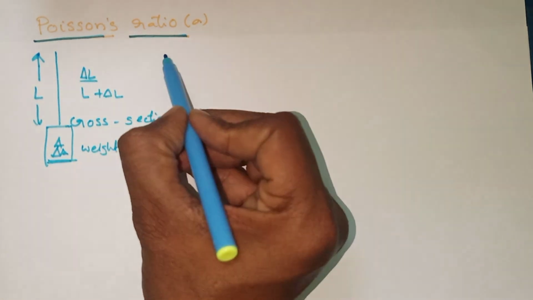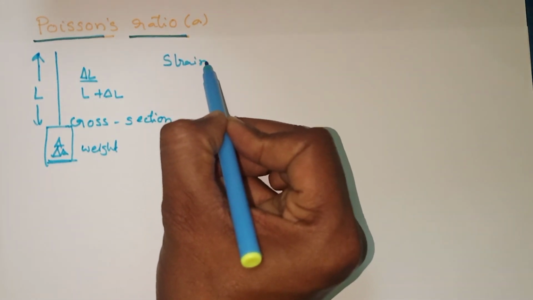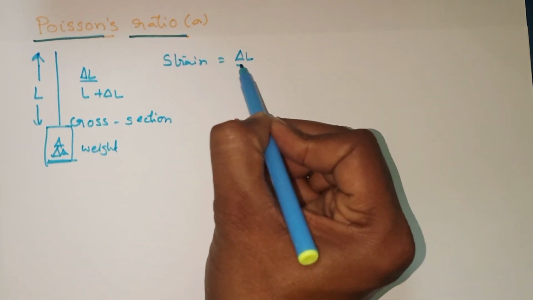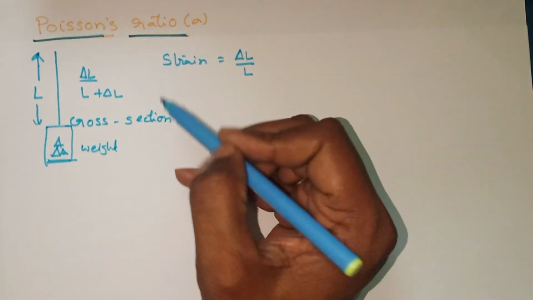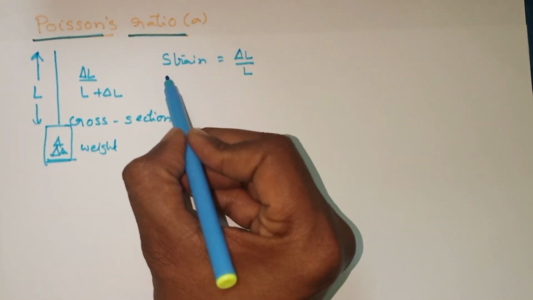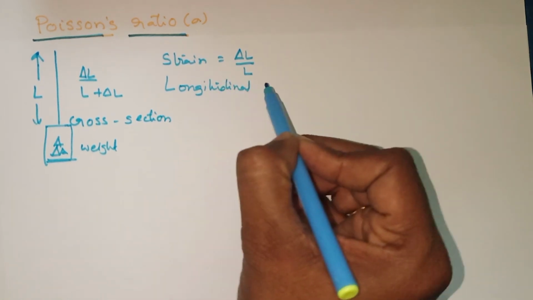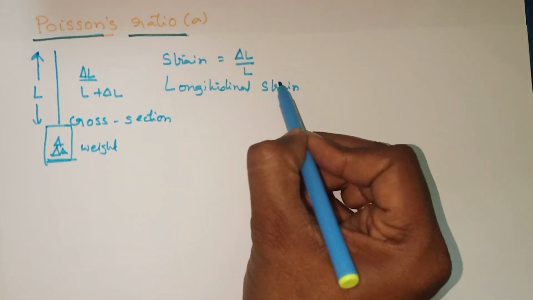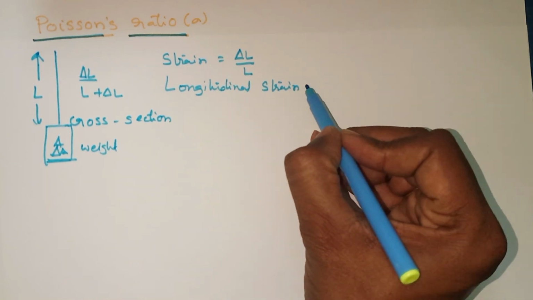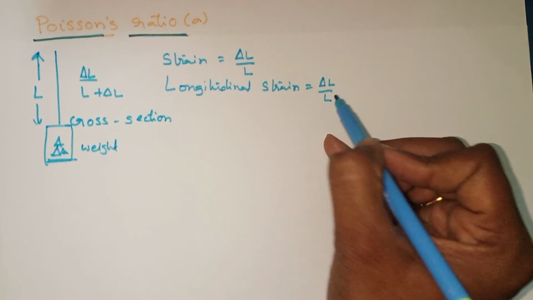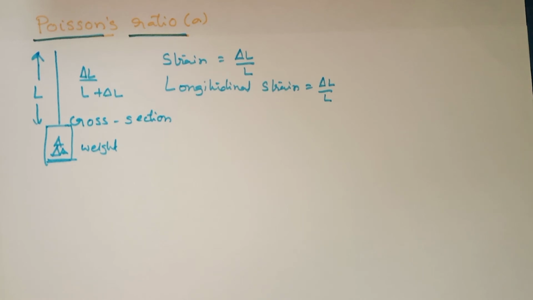The strain, delta L by L, along its length is called the longitudinal strain. Now here not only is the length increased, at the same time the thickness, we can call it the cross sectional area, changes.